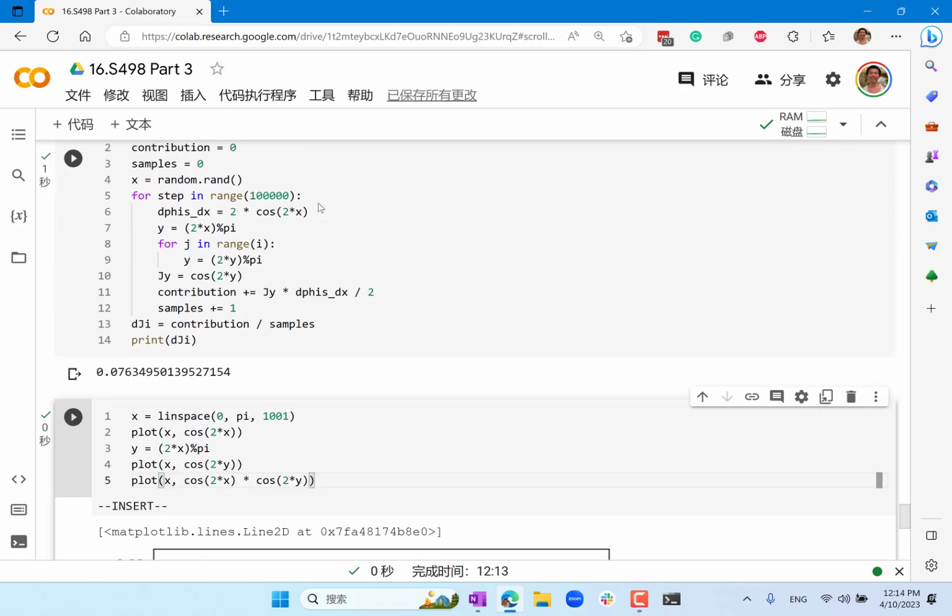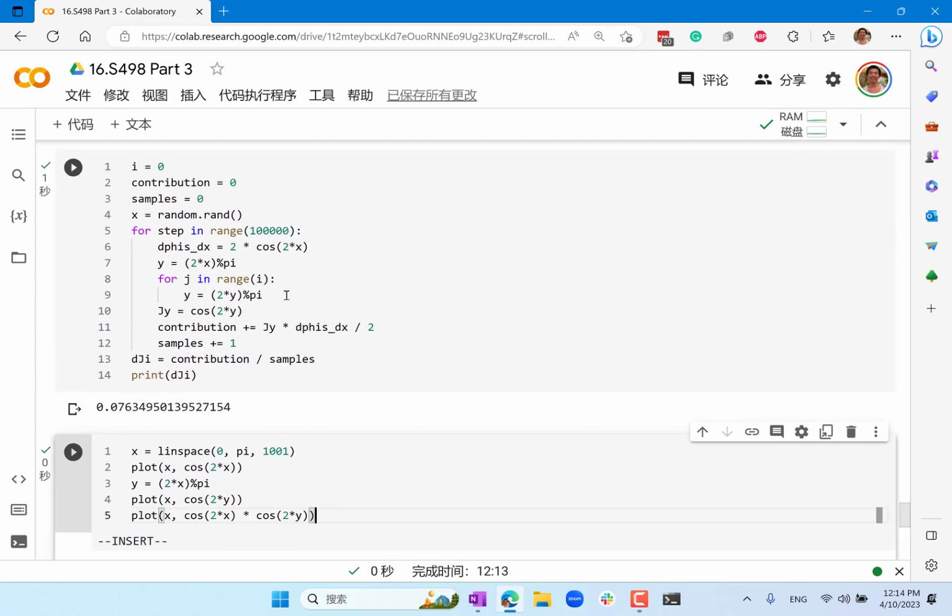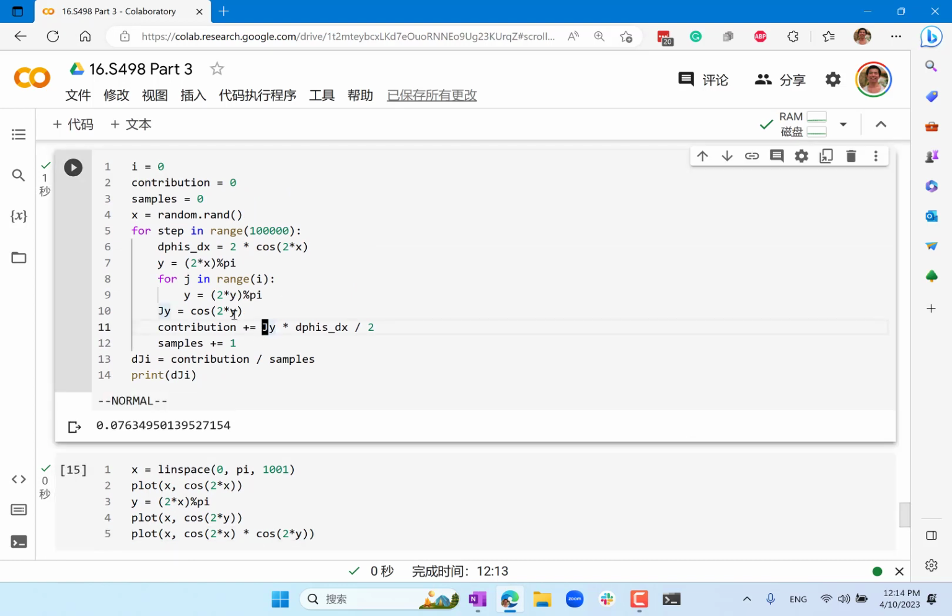Do I have any bug here? I'm integrating j, y is cosine of 2y, d phi s dx here is cosine of 2x, and I'm just averaging a bunch of samples, and I should get 0 if I average over enough samples.